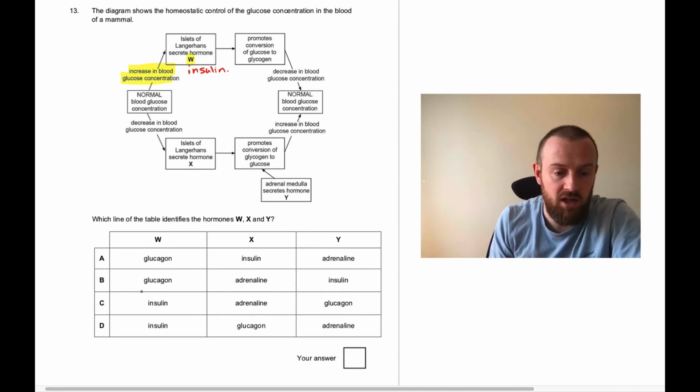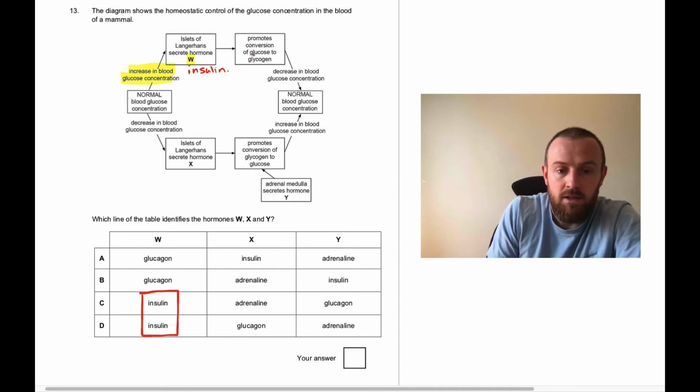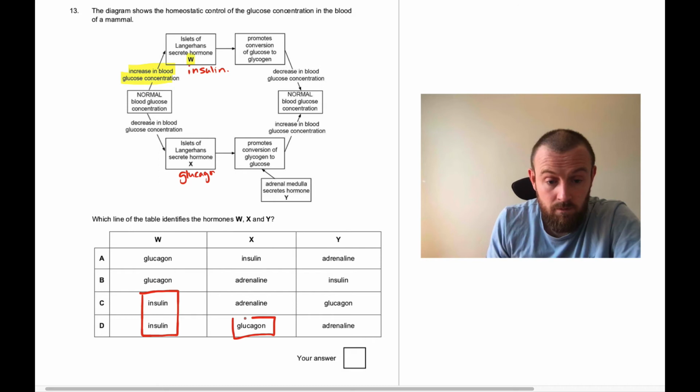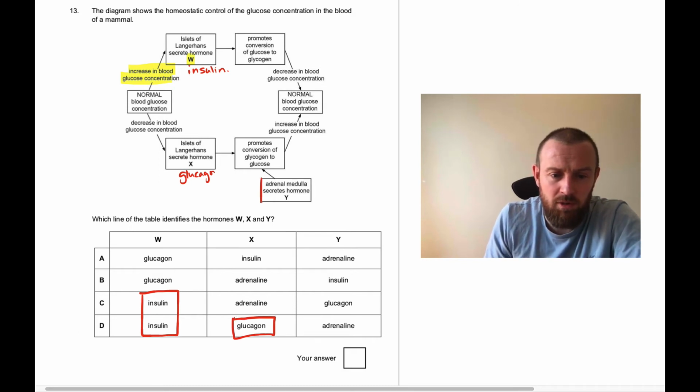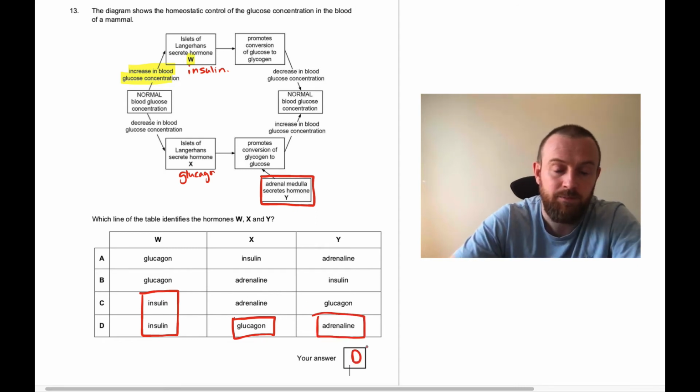It's a complicated flow diagram to baffle you, but it's actually fairly simple. What happens if blood glucose concentrations fall? Then this is going to be glucagon. And the adrenal medulla, we know that one secretes adrenaline. So therefore the answer is D.